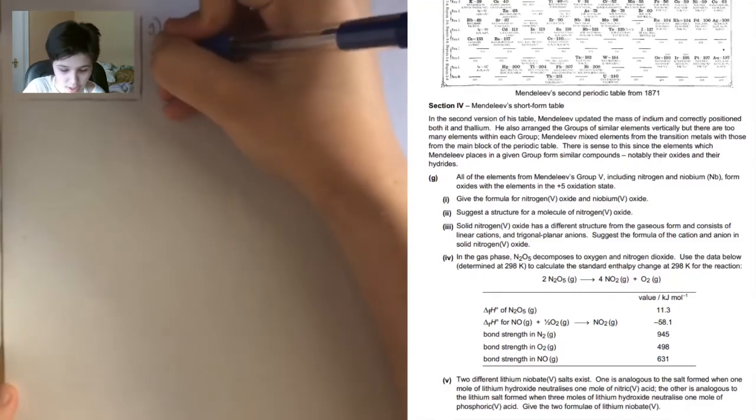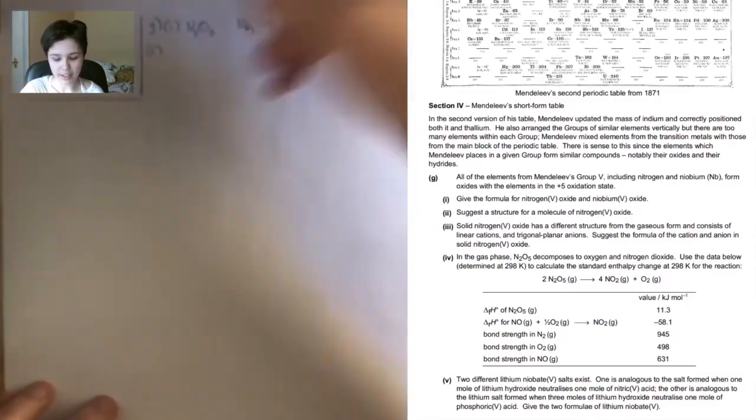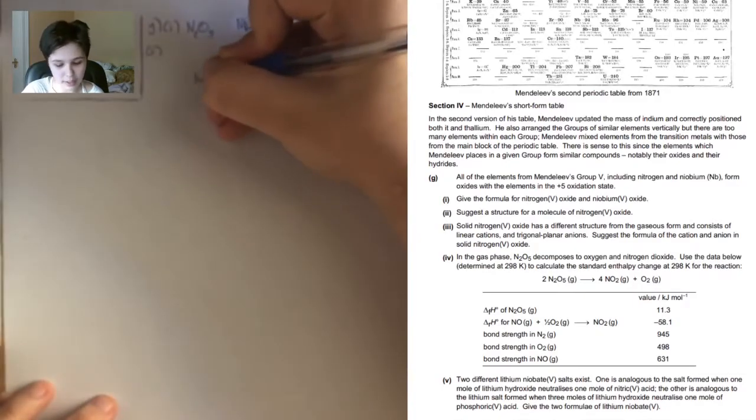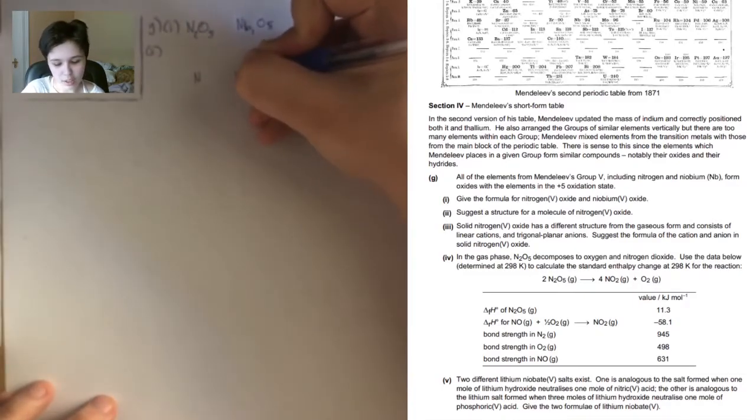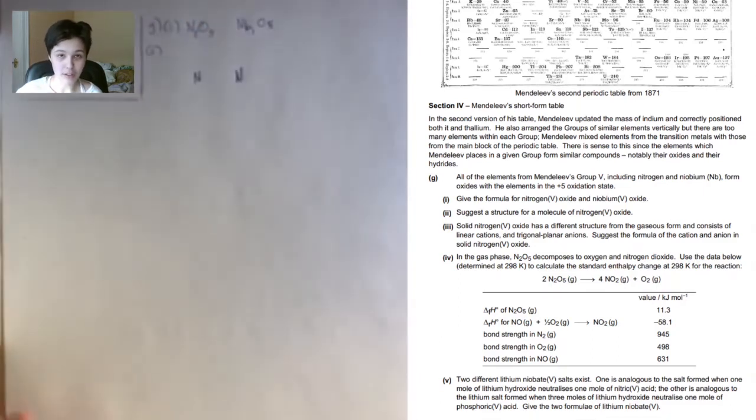For part 2, when they suggest a structure, it's usually going to be either around 1 atom, in which case you just look at electrons and how they behave, and if it's around 2, then there's lots of different shapes it can take. But because there's exactly 2 nitrogens, I'm willing to bet that it's going to be symmetric about the 2 nitrogens.